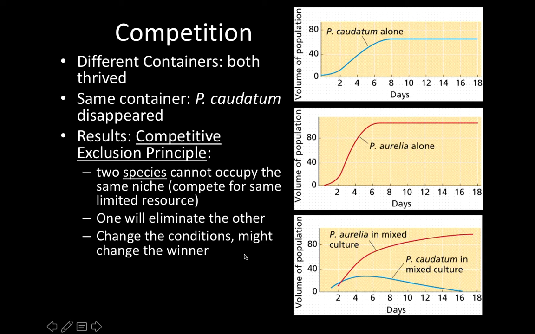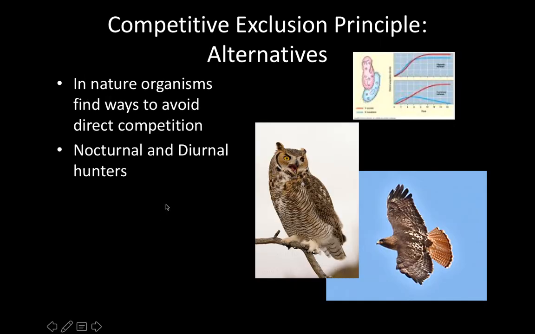So often if you change things around, you can get different results. Now, in reality, the competitive exclusion principle is kind of a point to think about why things are different. If you look at these two birds here, the owl and the hawk, they basically both eat the same food source, right?